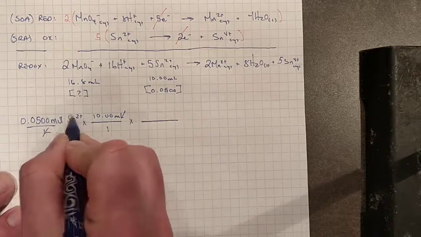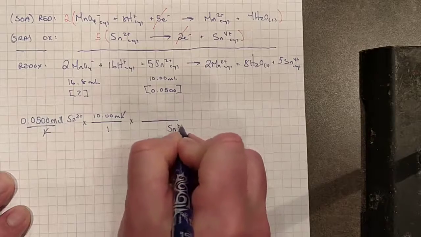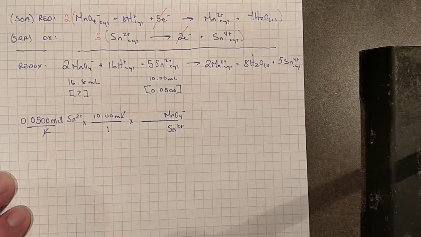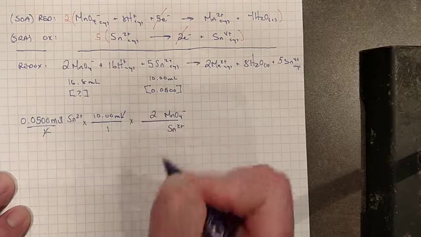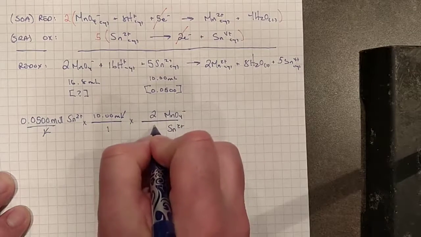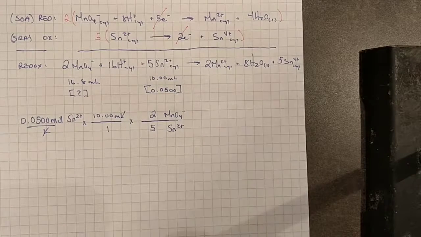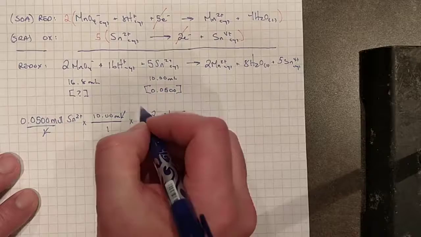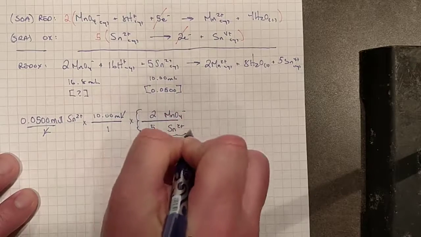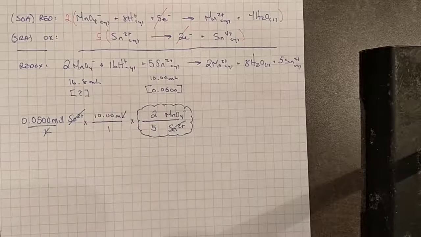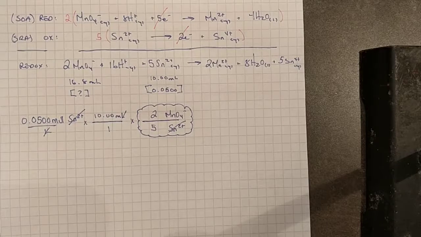I now know how to cancel it, and I'm looking for the amount of permanganate that was required to neutralize it. You can see it's 2 moles permanganate in order to completely neutralize and react 5 moles of Sn2+. This again is the only stoichiometry that we have in the equation. You now have millimoles of permanganate.